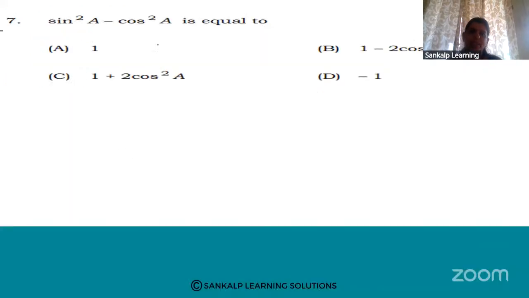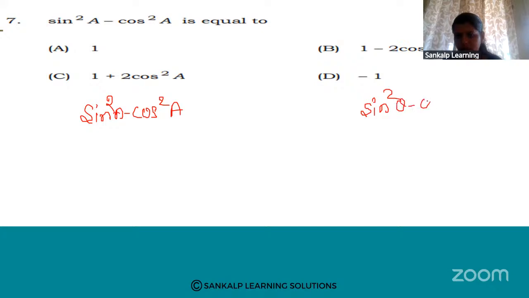Next one. Sine square A minus cos square A is equal to. Yes, we know the trigonometric identities. Sine square theta plus cos square theta is equal to 1. This is the main trigonometric identity, right?